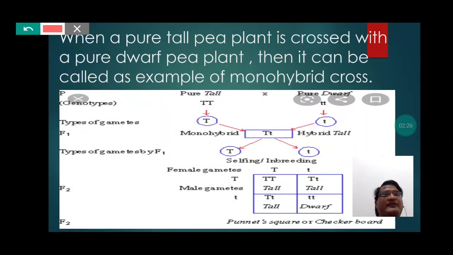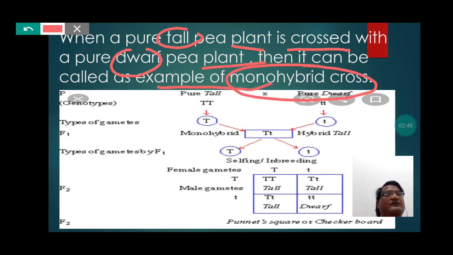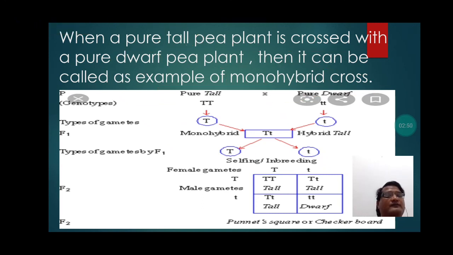So students, here when the tall plant is allowed to be crossed or reproduced with a dwarf plant, then it is an example of a monohybrid cross, because here only one trait is considered at a time.